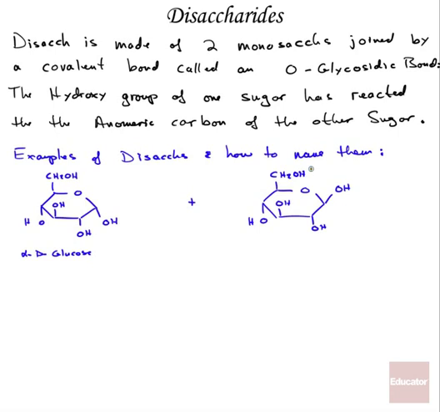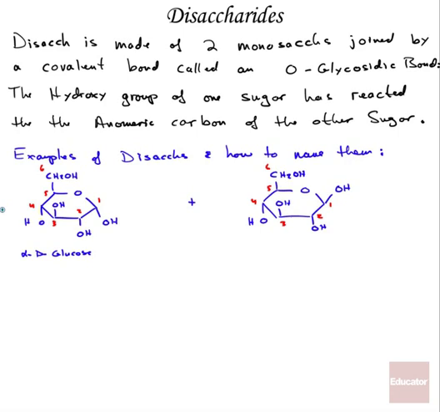Now when we put these together, I'm going to number my carbons in red: 1, 2, 3, 4, 5, and 6 too. In standard position, oxygen is in the back right, and the anomeric carbon on the right is the reducing end of the sugar. The left is the non-reducing end of the sugar.